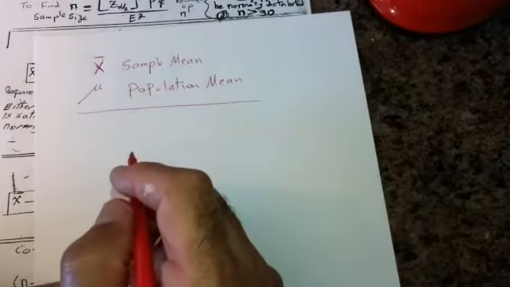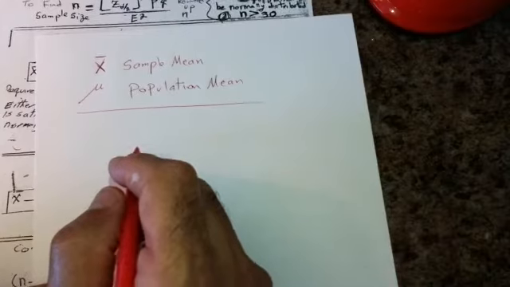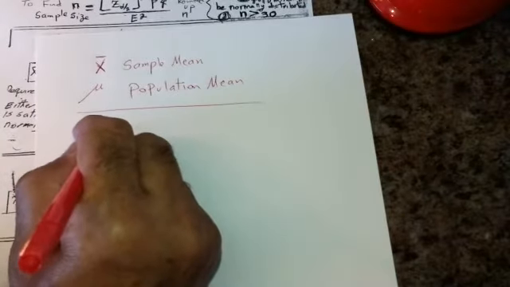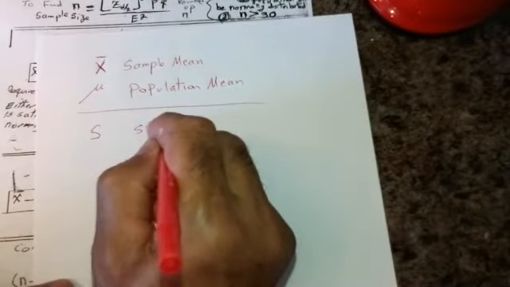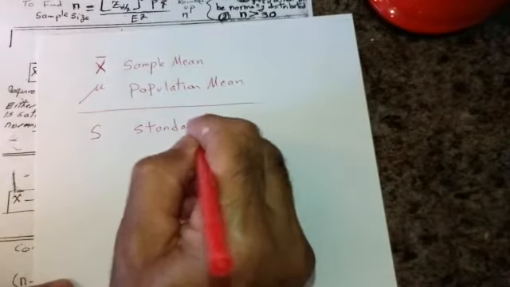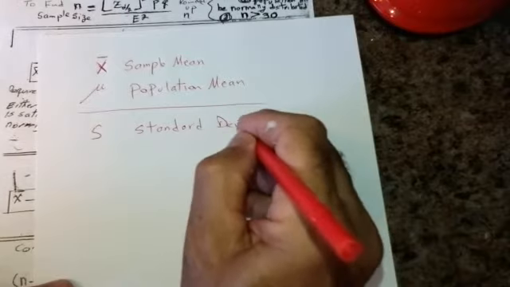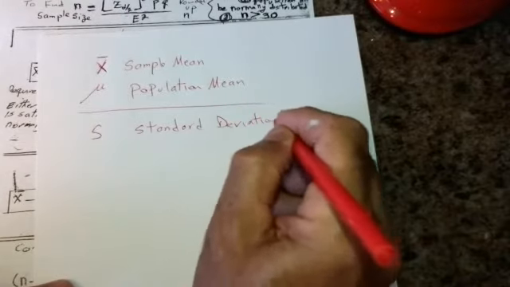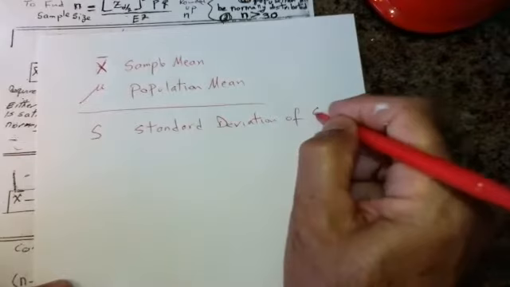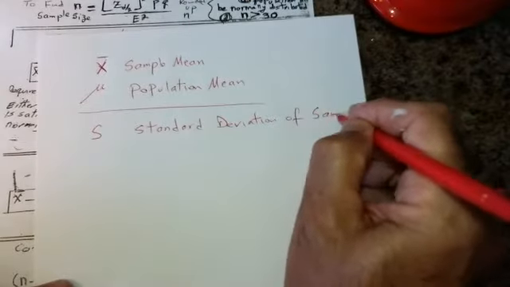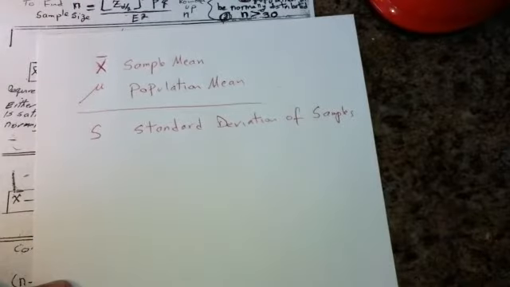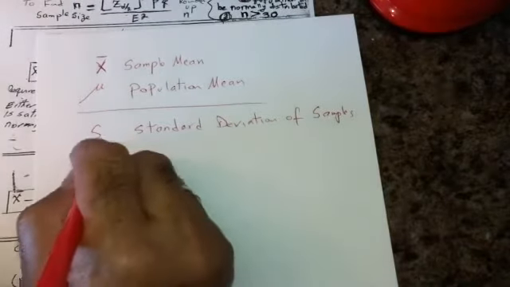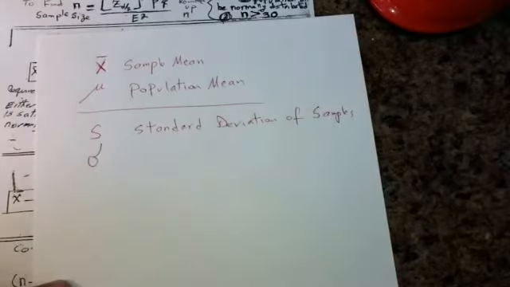When you take some samples and you find the standard deviation of those samples, we are using the letter S. That is the standard deviation of samples. If you find the standard deviation for entire populations, we are using this Greek letter sigma.